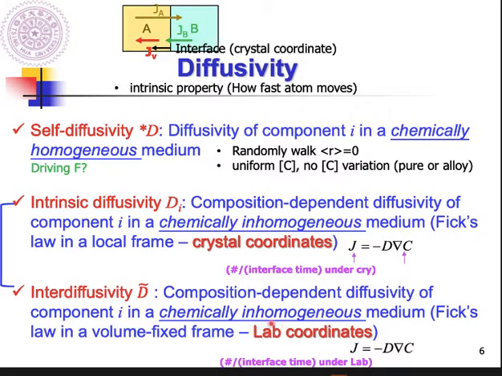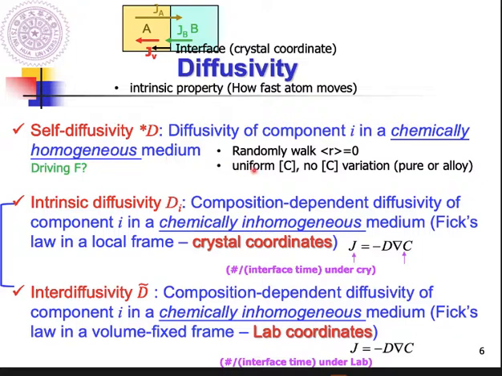Next, we introduce three different kinds of diffusivity. The first one is the self-diffusivity, star D. We describe this diffusivity in a chemically homogeneous medium.